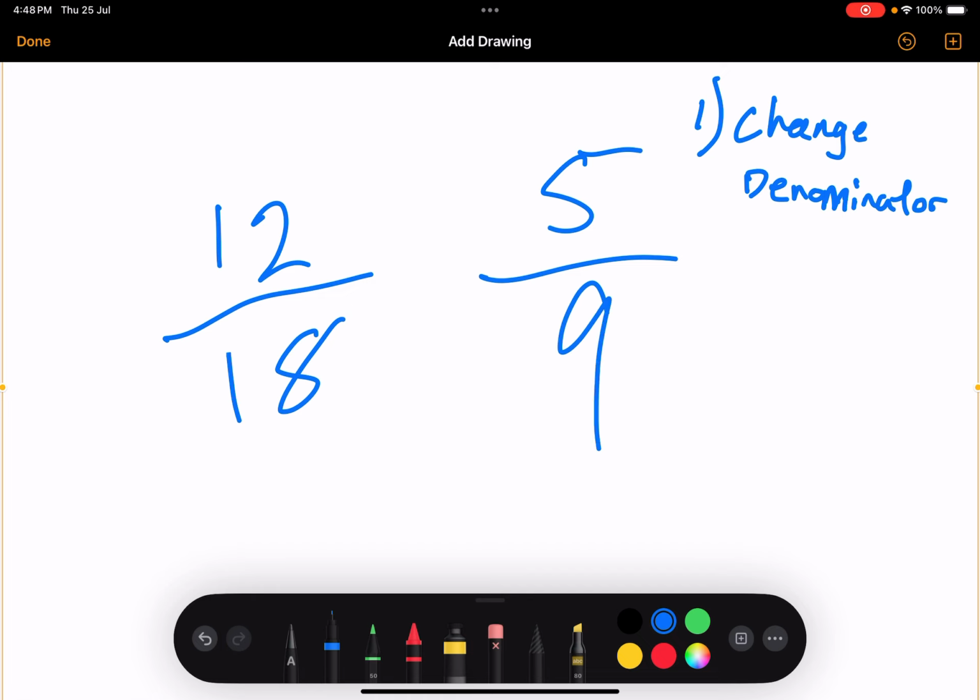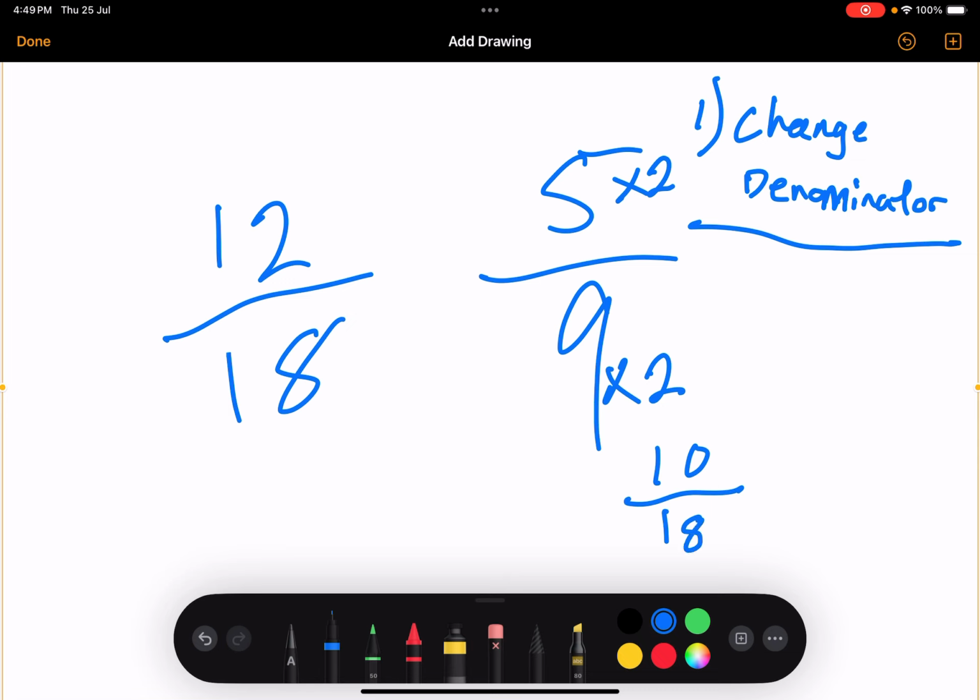What can we do? Now we use the change denominator. We can change 9 to 18 by times 2. And whatever you do to the bottom, you must do to the top. So we times 2 this, and we'll get 10 over 18.